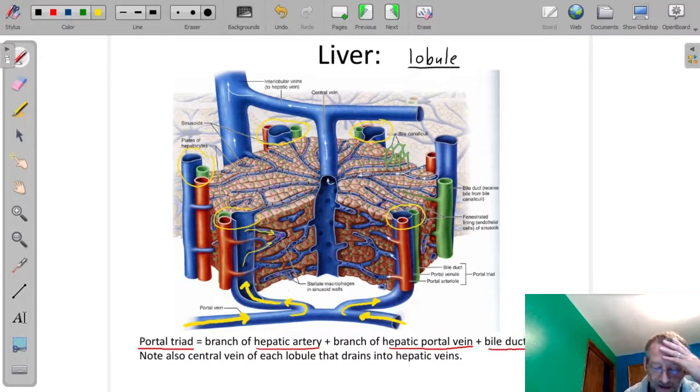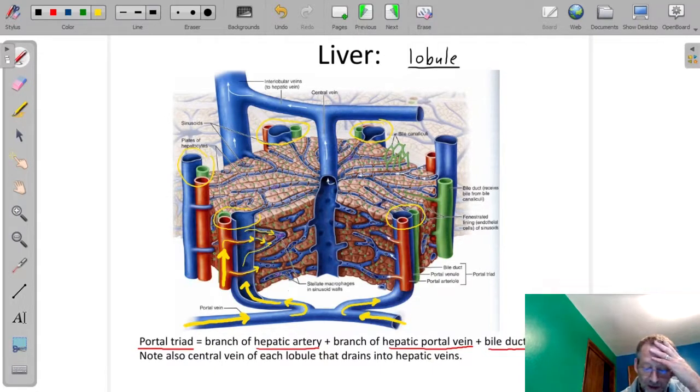And notice that it's also mixing now with oxygen-rich blood that's coming in from a branch of the hepatic artery, and that oxygen-rich blood then goes off also and mixes, so delivers oxygen to the hepatocytes that are very energy intensive.